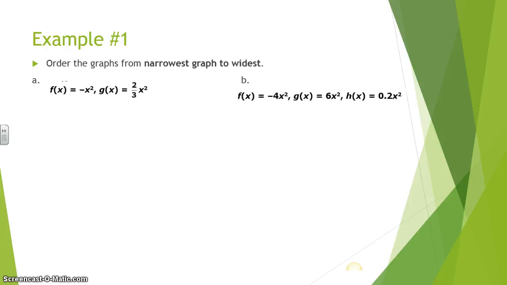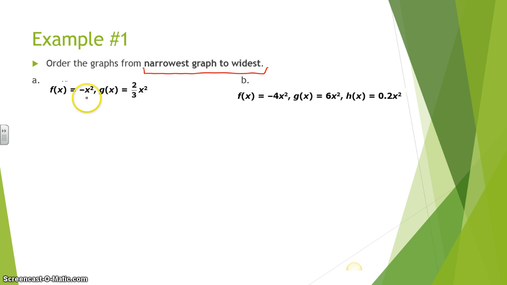Let's look at some situations. For the first example, we're going to put these functions in order from narrowest graph to widest graph. We have f of x equals negative x squared, and g of x equals 2/3 x squared.